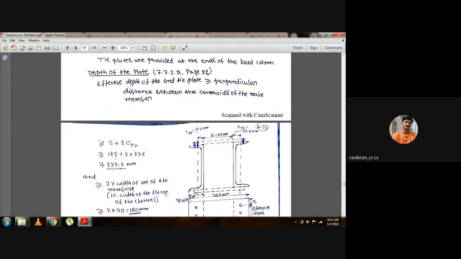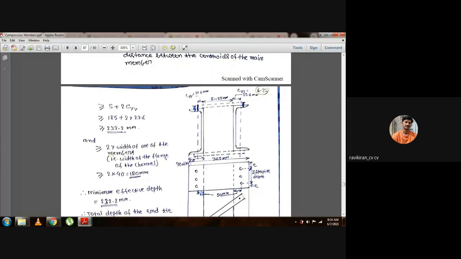S is 185 plus 2 times CYY value for channel section, 23.6, will give us 232.2 millimeter, and in other way it should be greater than or equal to 2 times the width of one of the members. What is the width of the flange for channel section? It is 90 millimeter. So 90 into 2, 180 millimeter.